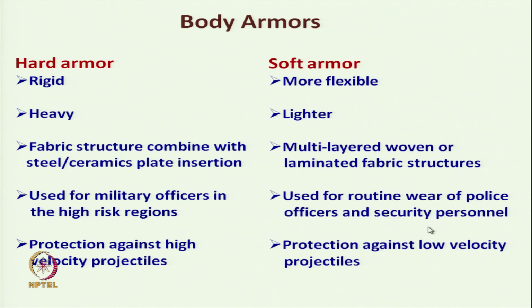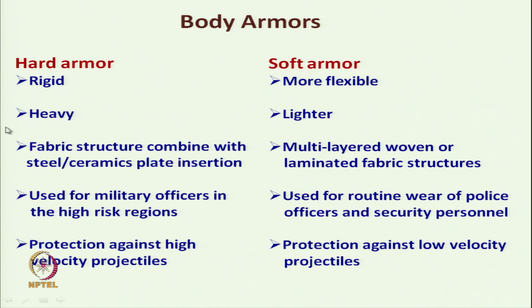So, when we compare hard armor and soft armor, in short, hard armor is rigid and heavy, while soft armor is more flexible and lighter. Hard armor is a fabric structure combined with steel or ceramic plates. In soft body armor we use only fabric structure, and that too multi-layered woven or laminated fabric.